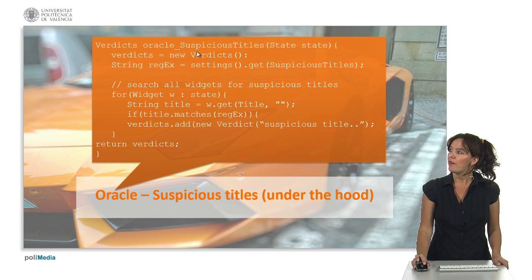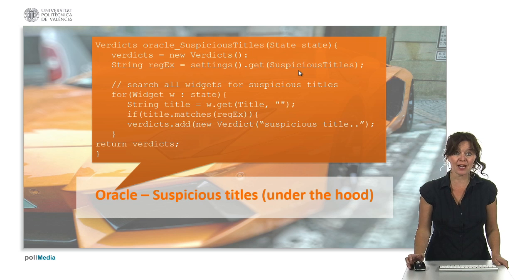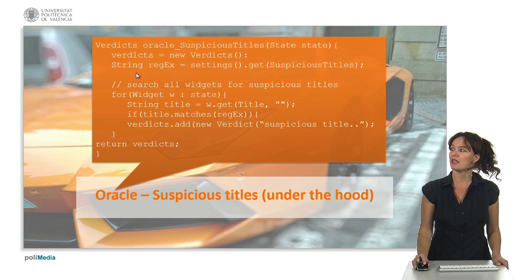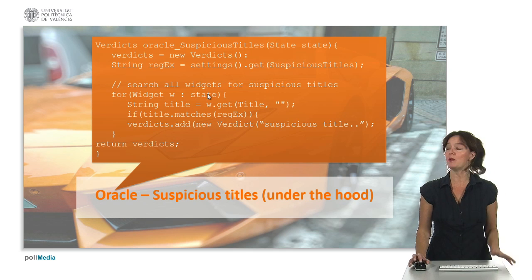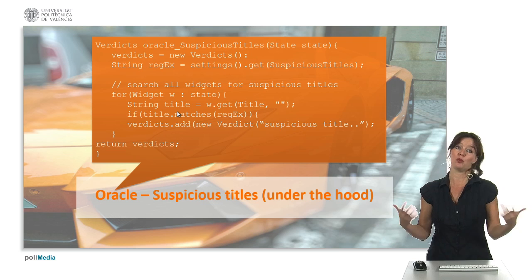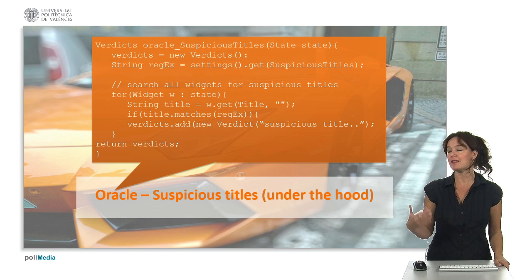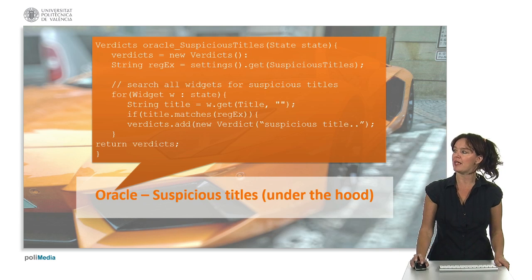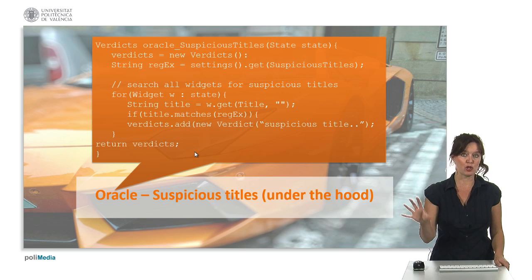It gets the regular expression that we have set to be suspicious titles, and then for each widget in this specific state, we compare if the title matches the regular expression, and if it does, we raise a verdict and say, okay, we have found a suspicious title in this and this widget.